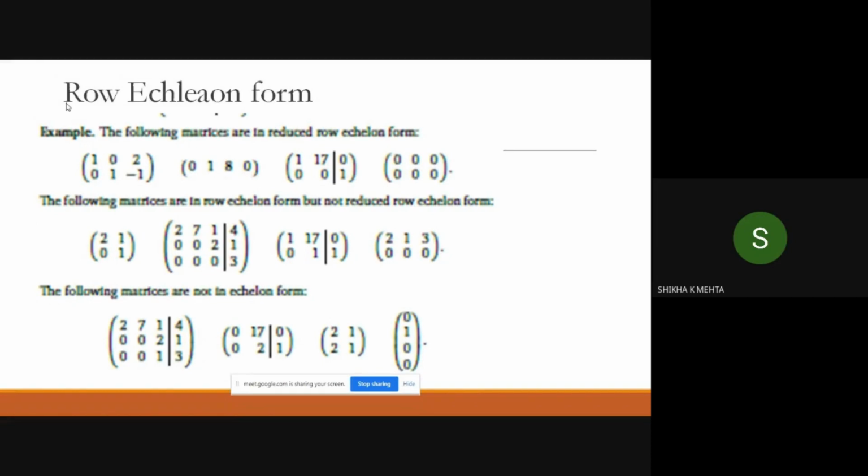See in the third example, 1 0 17 1, 1 is the pivot we have over here, but in the second row, second column, along with 1 we also have 17, which is another non-zero entry, which means it is not satisfying the rules of the reduced row echelon form. Other examples also we can see, these matrices which are given over here, that is a 3 by 3 matrix, 2 by 2. So these are all not in the row echelon form.